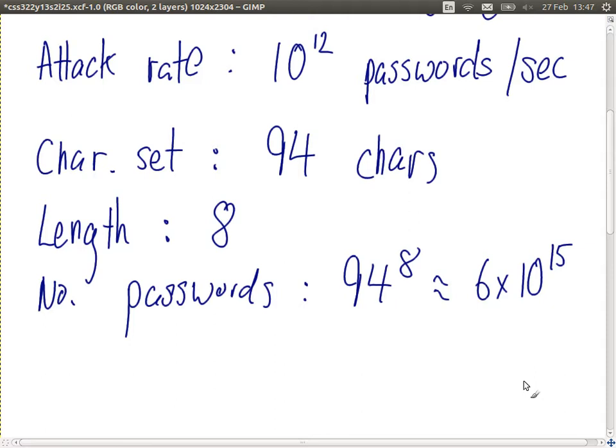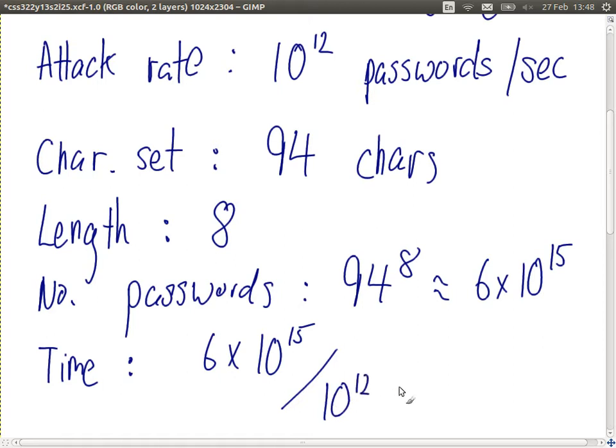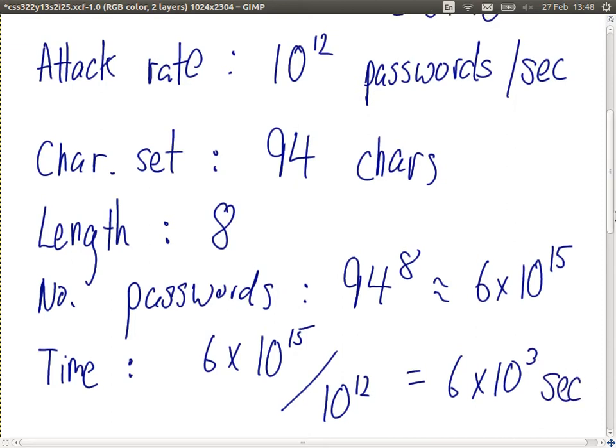If my attack rate is the same, if I, as an attacker, have 6 by 10 to the 15 passwords to try, and I can try them at a speed of 10 to the power of 12 per second, then I have 6,000 seconds. 6,000 seconds is what?